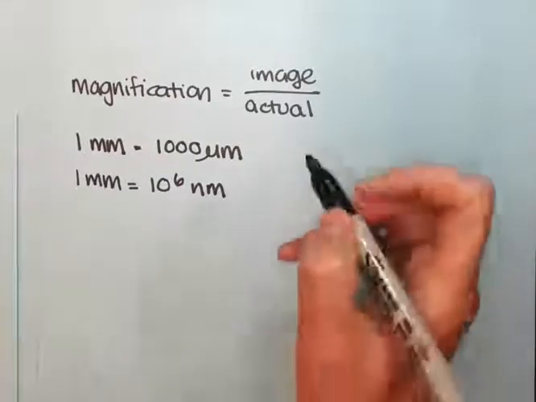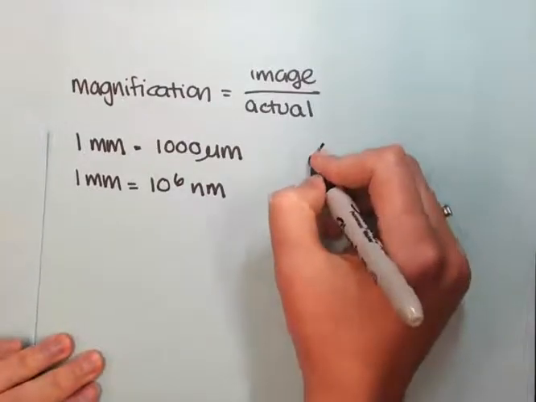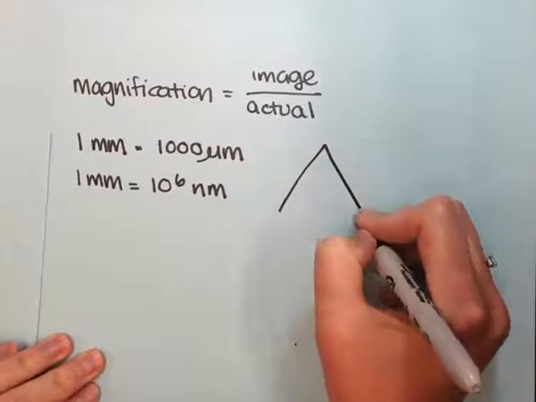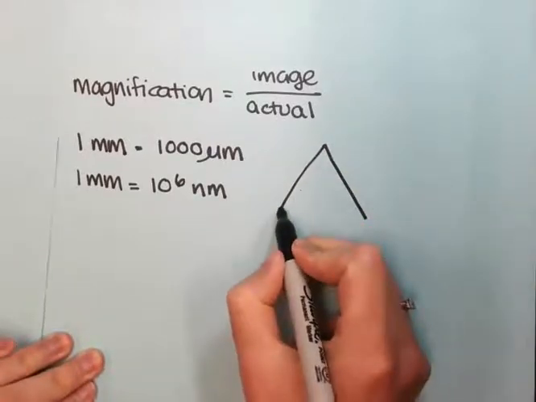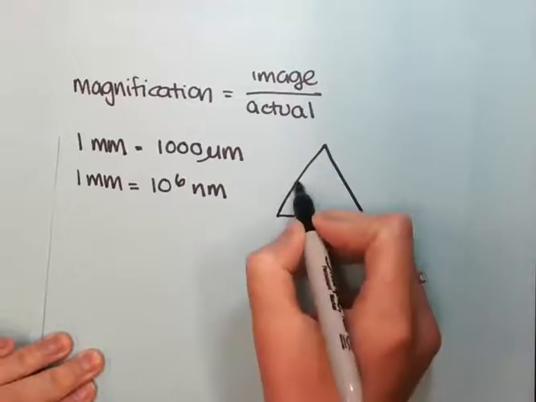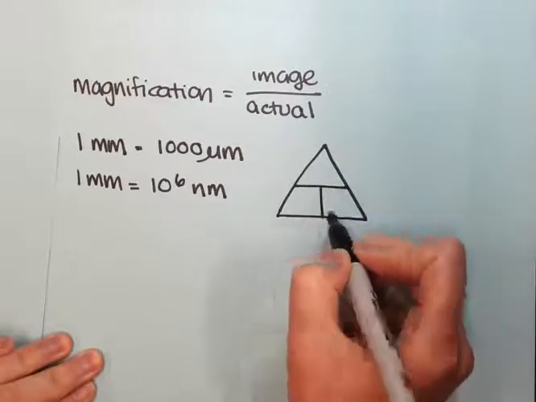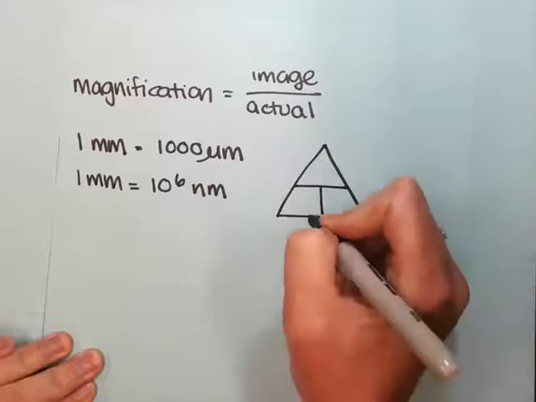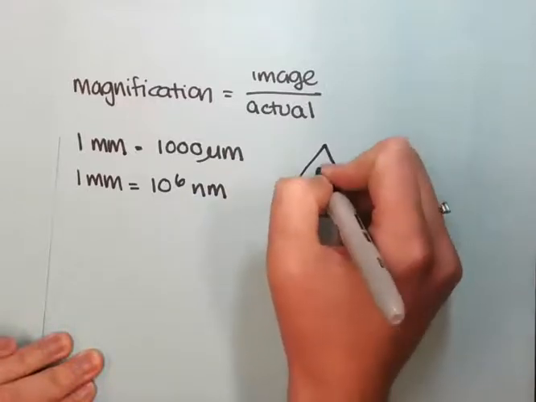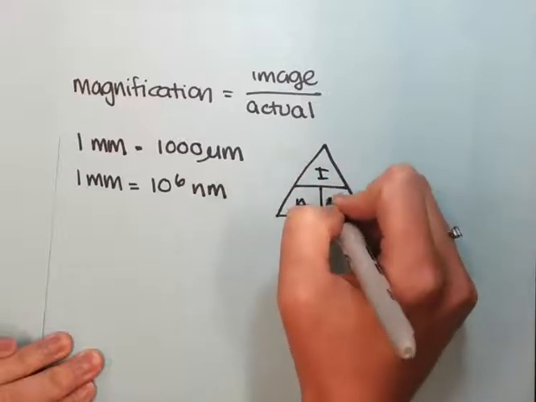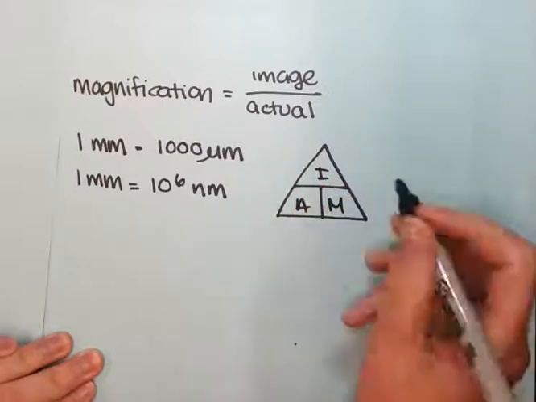So for those of you who may be math challenged like myself, I don't know why rearranging fractions sometimes can be challenging, but I always remember the I am triangle.